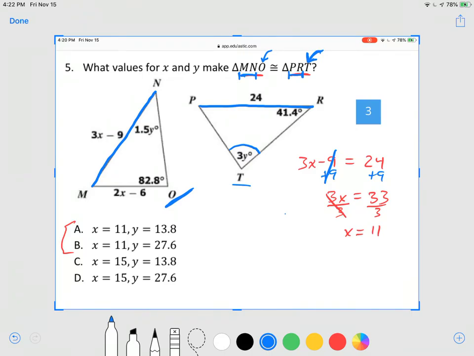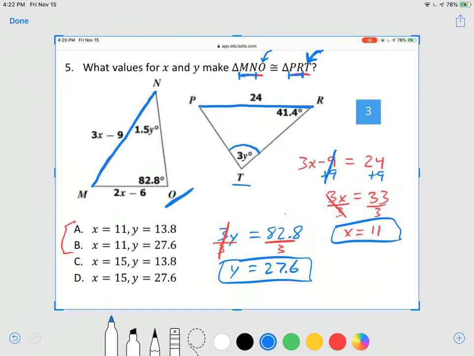Okay, the expression for T is 3y, and that should be equal to the expression for angle O, which is 82.8. So then we can divide this by 3, divide this by 3. This cancels out, and we get y equals 27.6. Okay, so we got x is 11 and y is 27.6, which is option B.